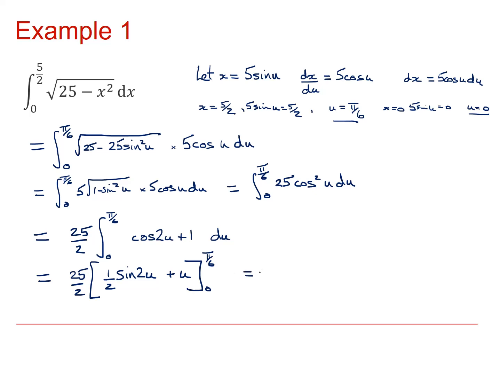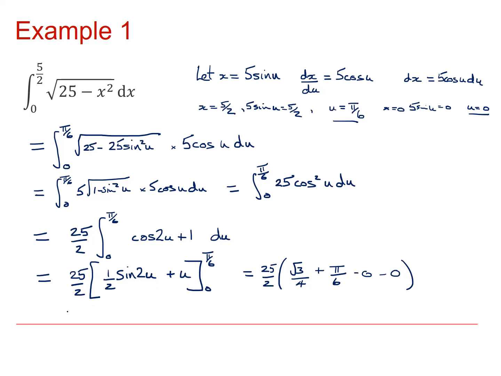And plugging in those values, I get 25 over 2 times a half of sine pi by 3, which is root 3 over 2. So I'm going to get root 3 over 4 in there, plus pi by 6, and then 0, sine of 0 is 0, and of course u is 0, so I get that.